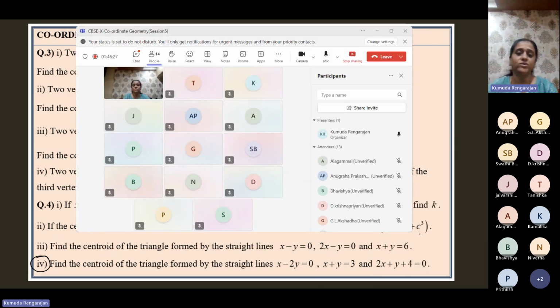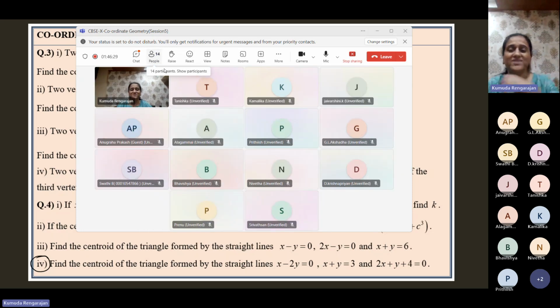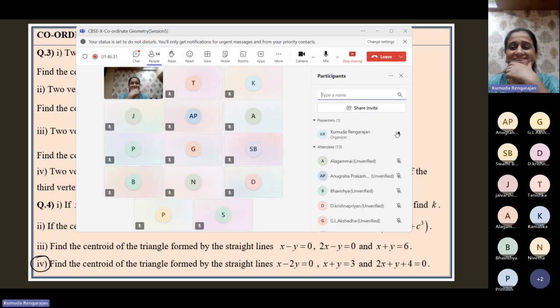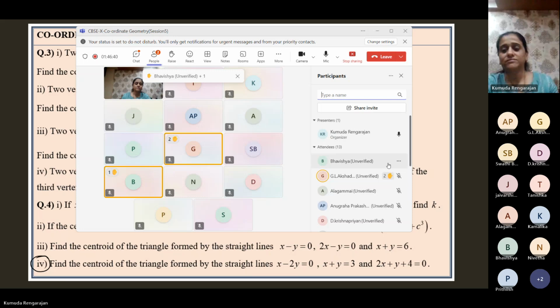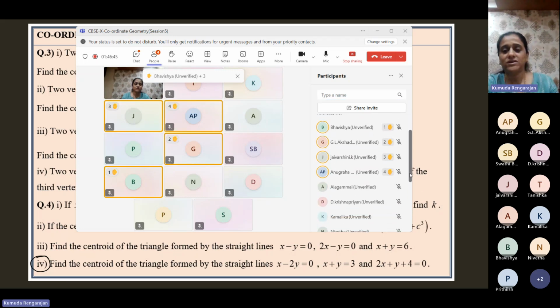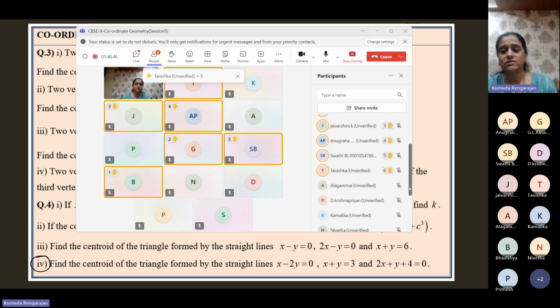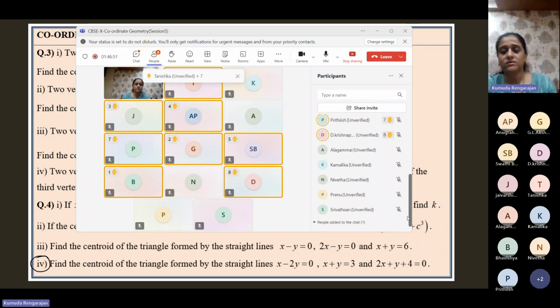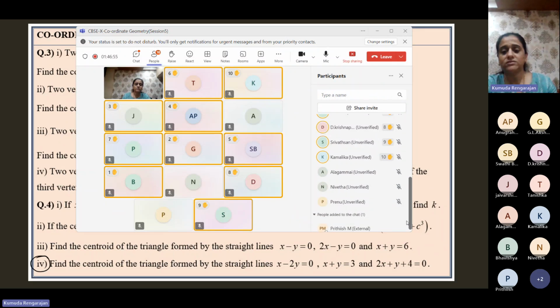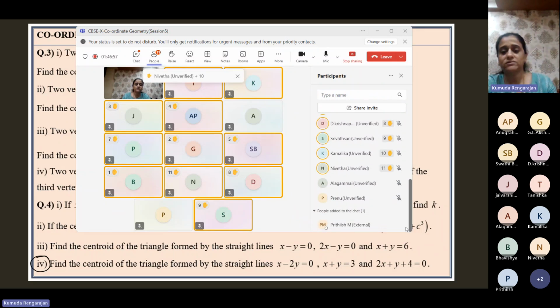Class, use the emoji, raise your hand. That's one thing I think all of us will do. Okay, Bhavishya, Akshada, Jayalakshmi, Anugraha, Swati, Tanishka, Aragamai, Krishnapriyan, Srivatsan, Kamalika, Niveda.